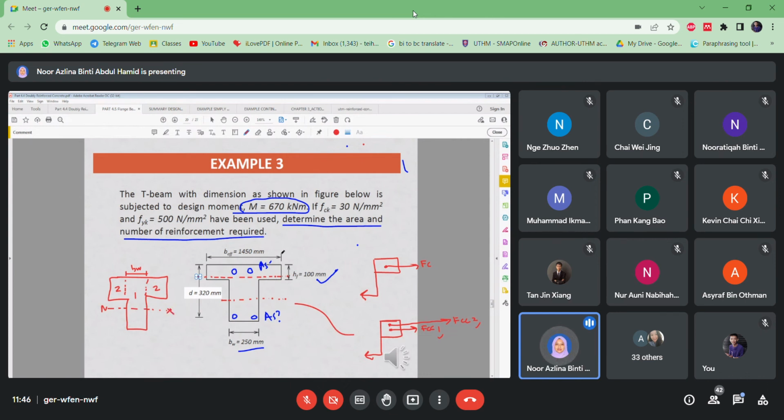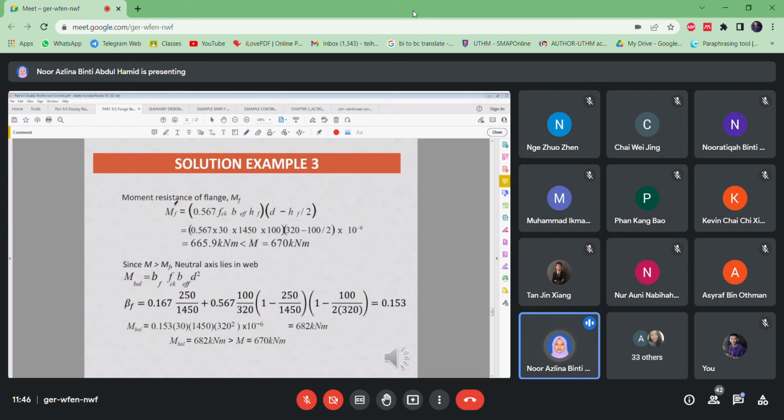Okay, so you need to determine the area and number of reinforcement. So you need to do the checkings, right, with the MF. Is M less than MF or M more than MF here? Okay, if less, neutral axis lies in the flange.